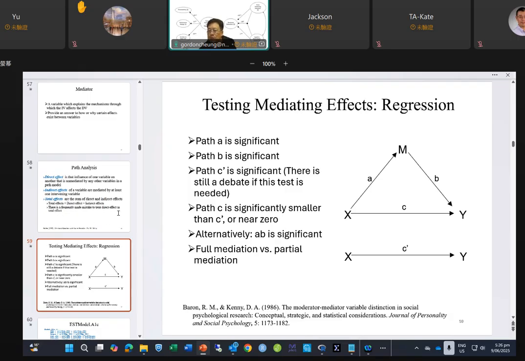I will add the direct effect from the very beginning to the end. And for those in the middle, it depends on whether you can defend it. But if you add all the paths, then the reviewers will not say you missed out anything.